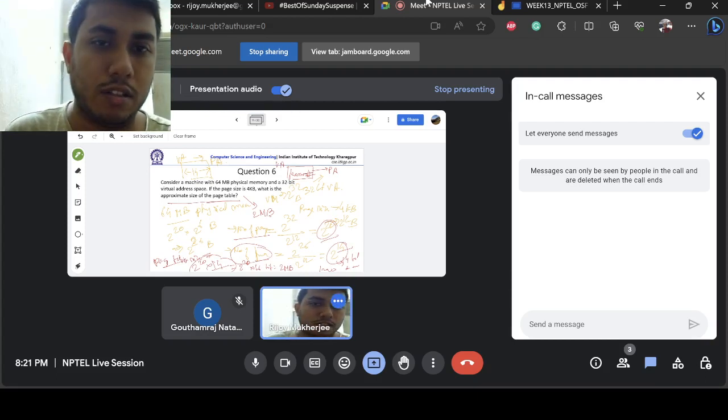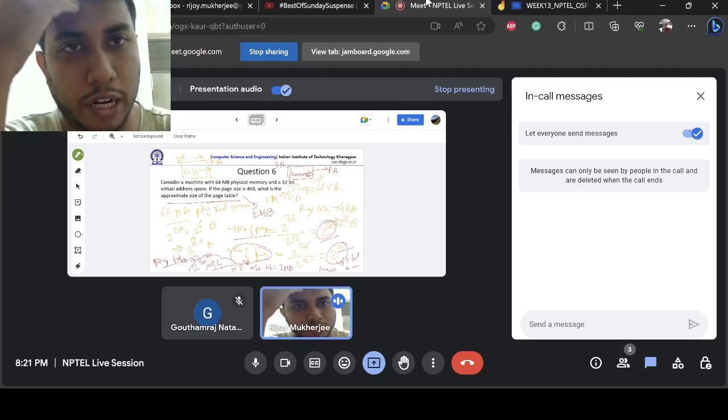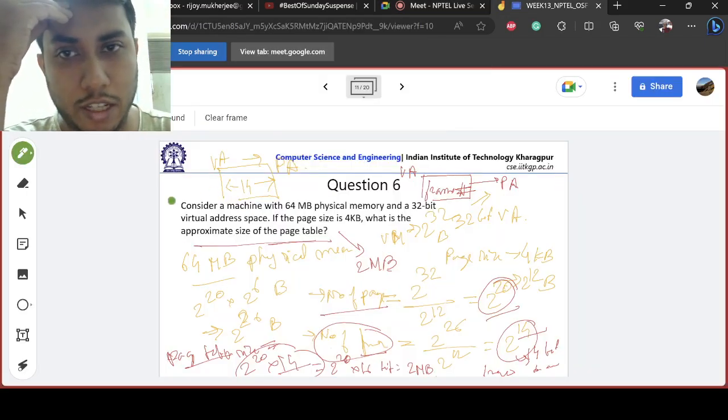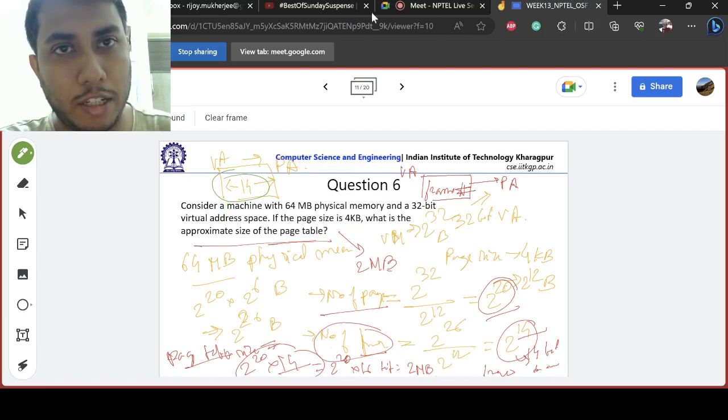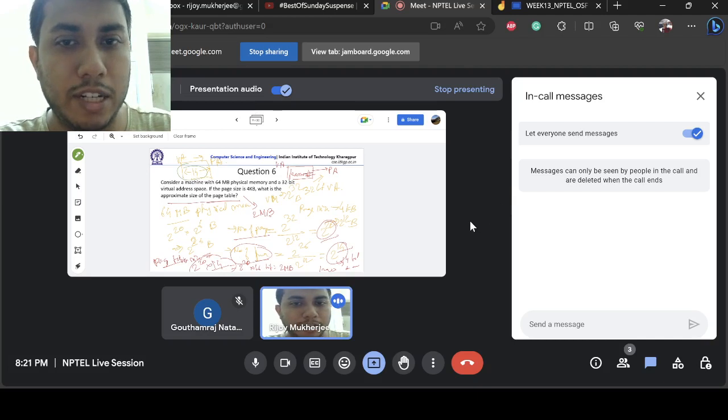And so here we found out that each page table entry stores your frame number, which is one of the entries in your page table entry, as well as some other bits.